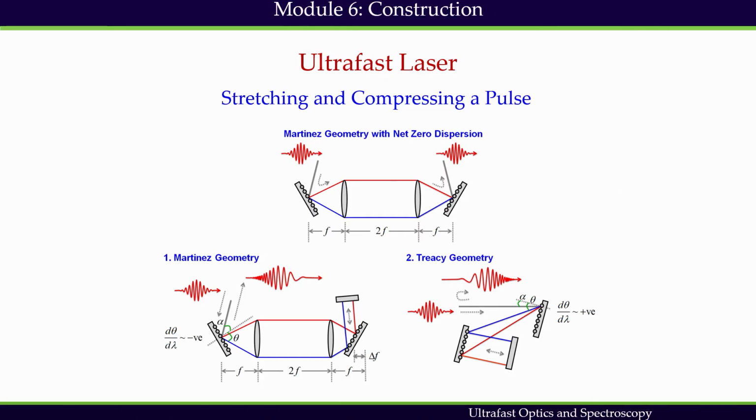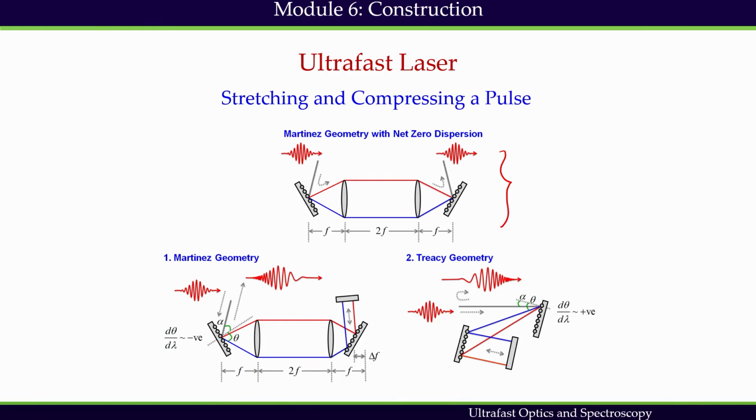Here, in the first configuration, we have two lenses of focal length f, and these two lenses are placed 2f apart to form a telescope.